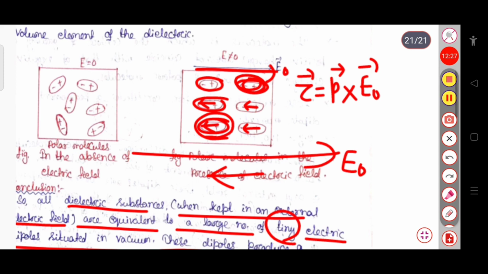We can say that the dielectric material is polarized when its secondary field is developed, and this total phenomenon is called polarization. Polarization basically means the separation of charges, or the induced electric field developed because of the applied electric field. In that case, it can be said that the dielectric material is polarized.